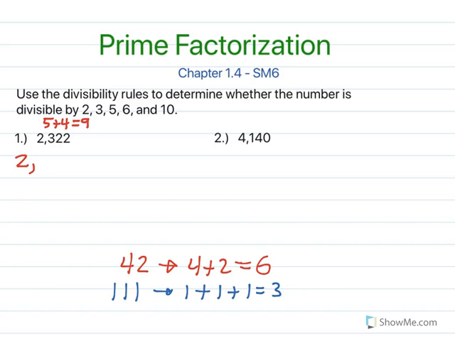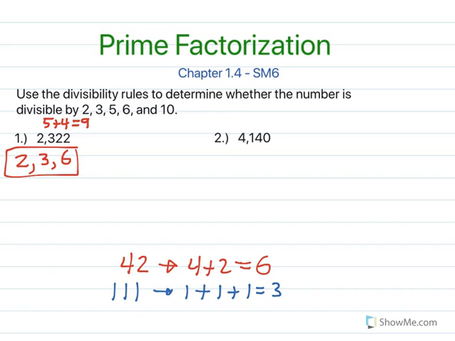You can divide 9 by 3, therefore you can divide this by 3. It ends in a 2, so you can't divide it by 5. It is divisible by 2 and by 3, therefore it's divisible by 6. And you cannot divide it by 10 because it does not end in a 0. So we know this is divisible by 2, 3, and 6.